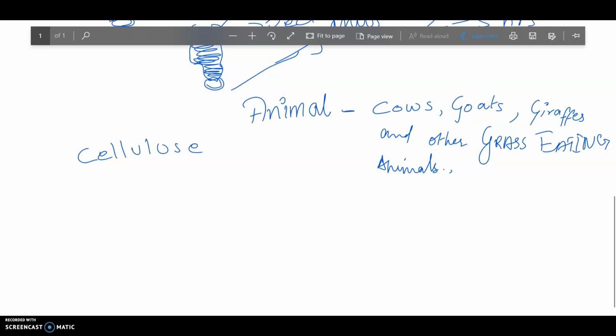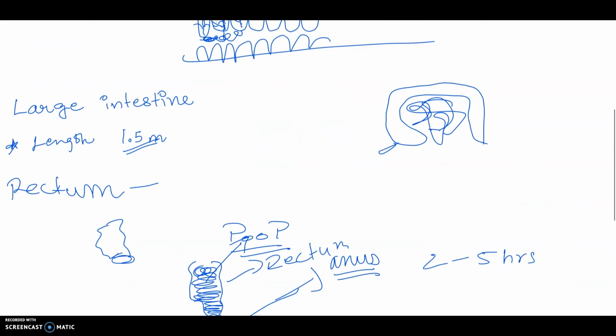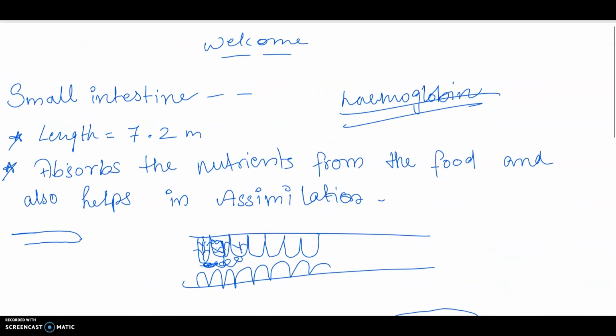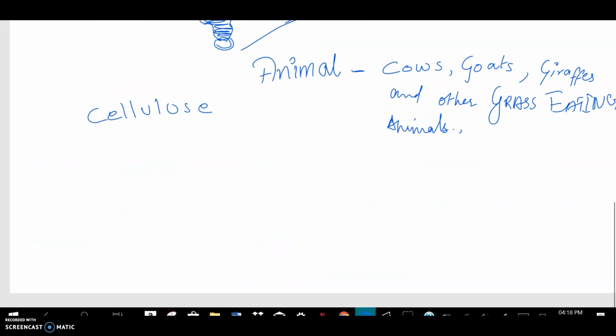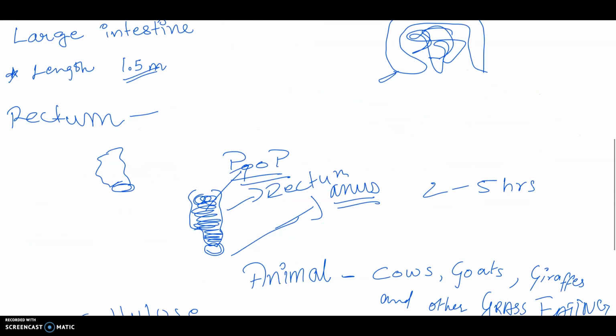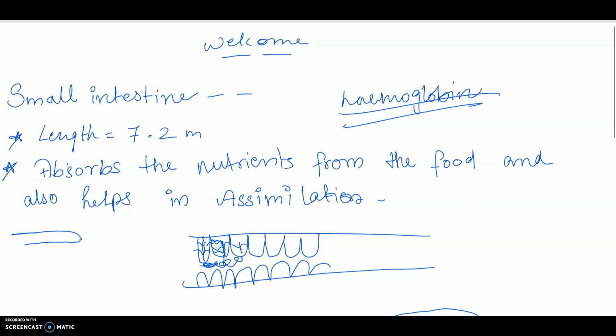And everyone, we are missing a point in the small intestine. It receives the digestive juices from the liver and pancreas. The pancreas gives it the pancreatic juice, and the liver gives it the bile juice.